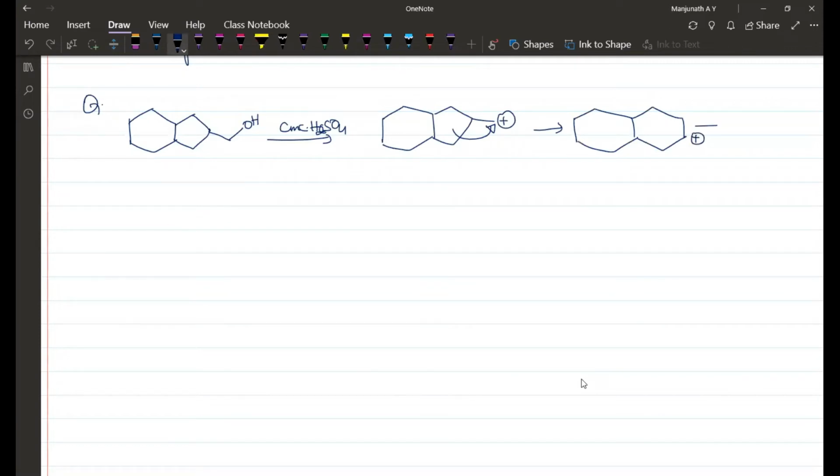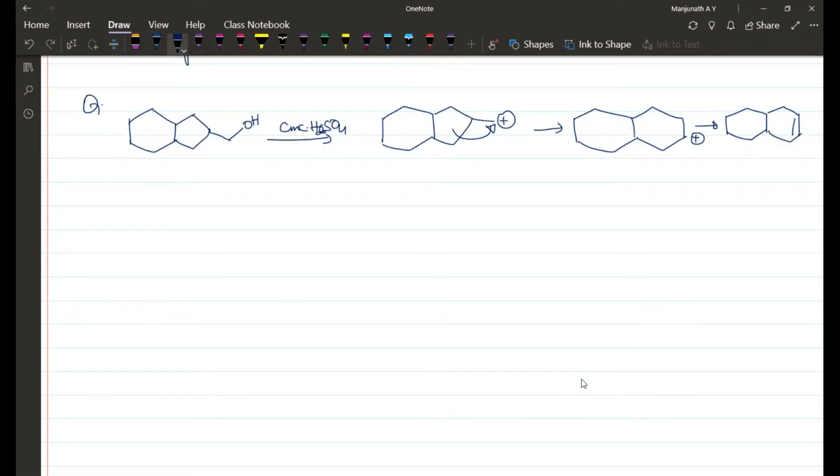Next is elimination of a proton from the adjacent carbon, and you get a double bond here.